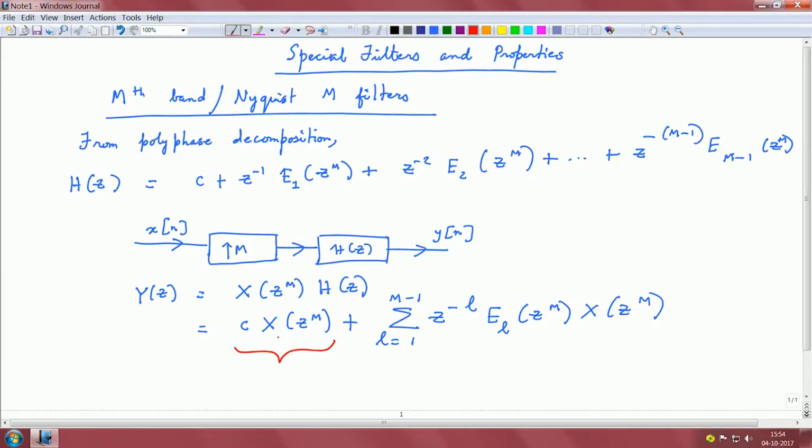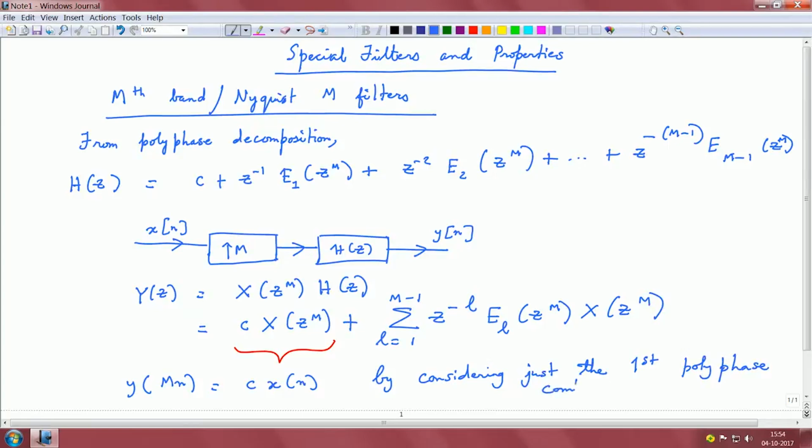So, therefore, the relationship between this component to y would be y of m n is c times x of n, by considering just the first polyphase component.